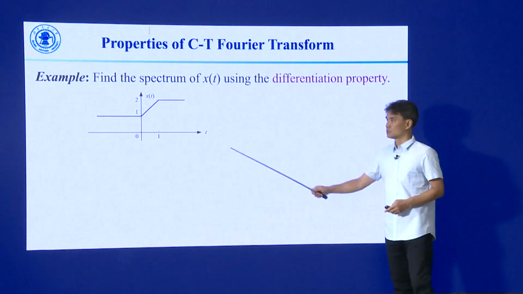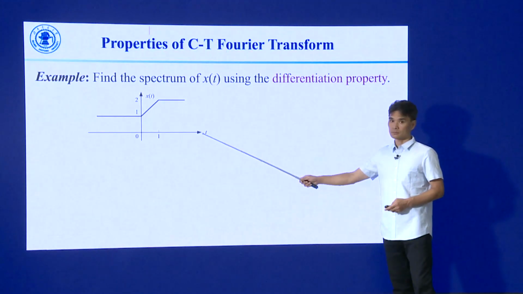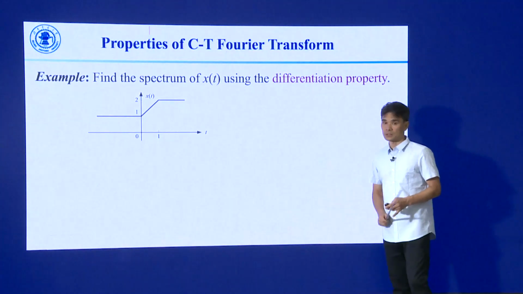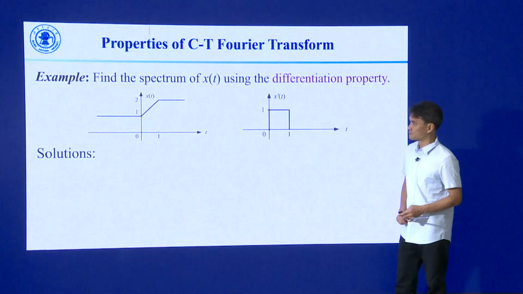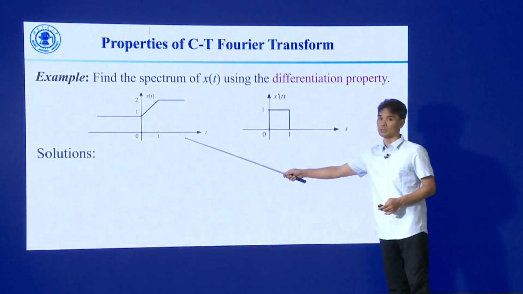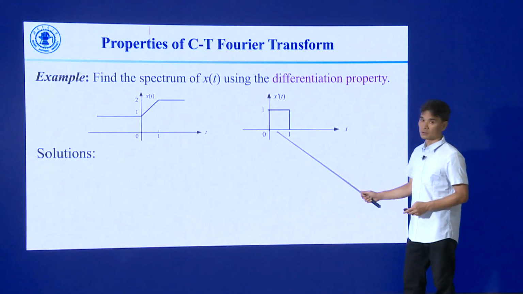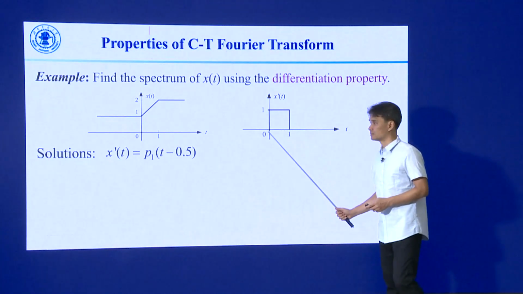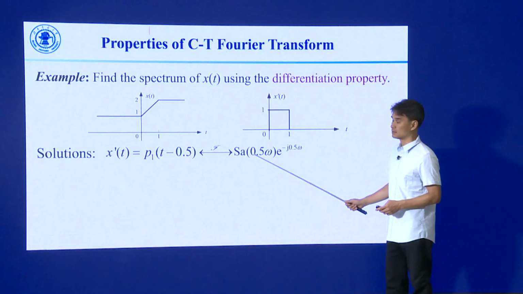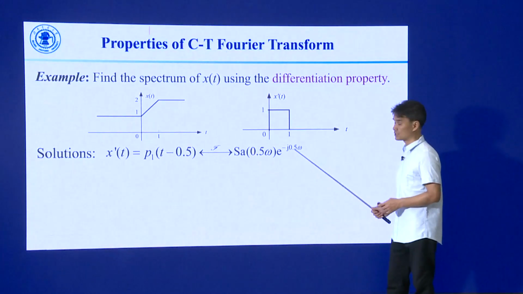What about this signal? If we use the time differentiation directly, we see the first derivative of the signal will be a rectangle signal. If we figure out this spectrum, it is a sampling function with a phase shift.